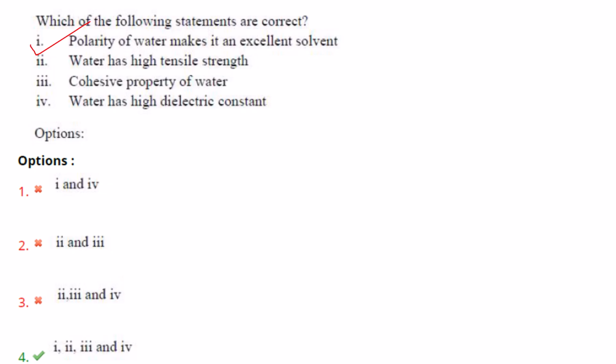This allows the water to resist being pulled apart. So it has high tensile strength. Then cohesive property of water, yes, that is also correct. Water has high dielectric constant. We are learning it from our +2 onwards. So that is also correct. So 1, 2, 3, 4 are correct. That makes option 4 the answer.